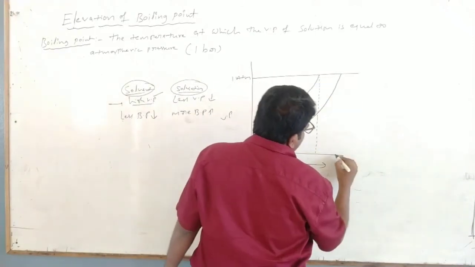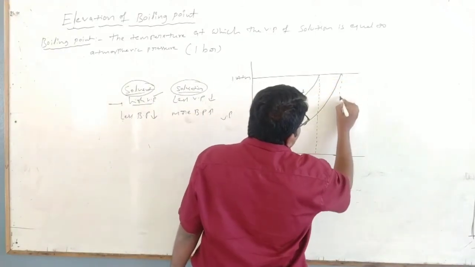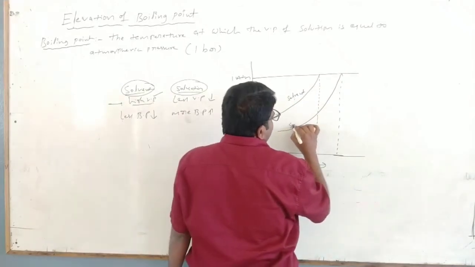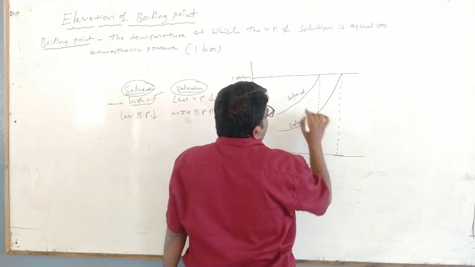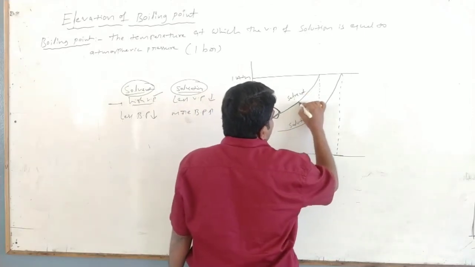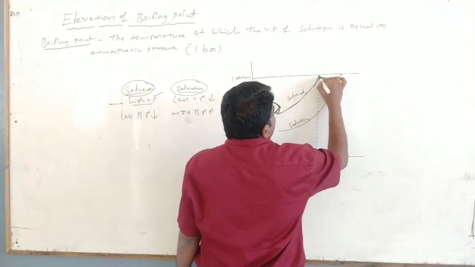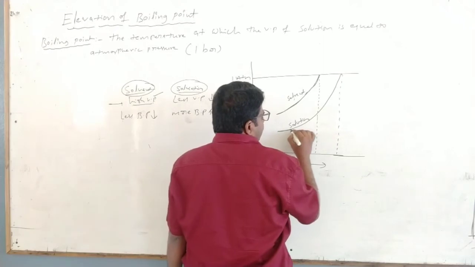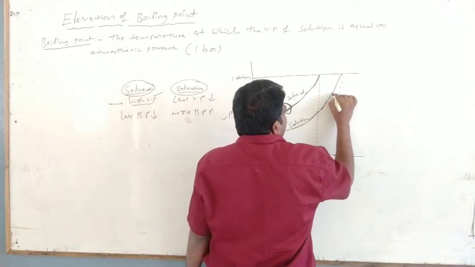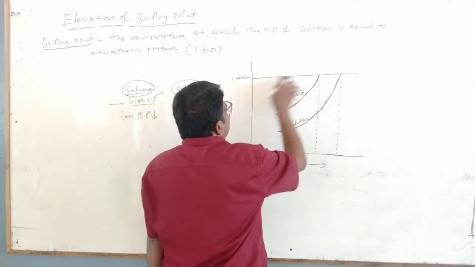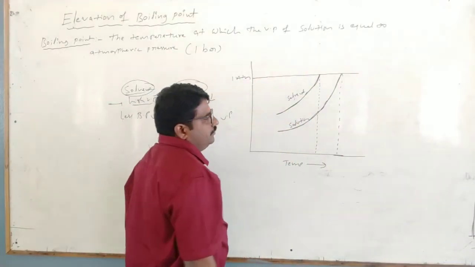As temperature increases, the vapor pressure of the solvent becomes equal to the atmospheric pressure here, and for the solution also, as temperature increases, the vapor pressure of the solution becomes equal to 1 atmospheric pressure.